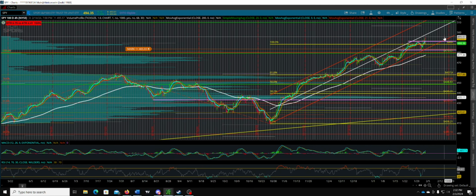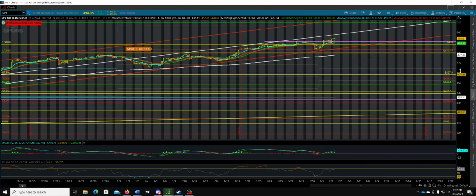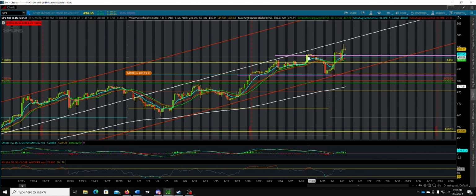Now that's my analysis for that. But anyway, as you can see, this channel has been respected the entire time, and we made this bounce rotation off the low of the channel. All right, and we got that.